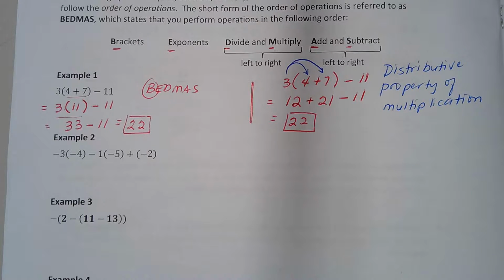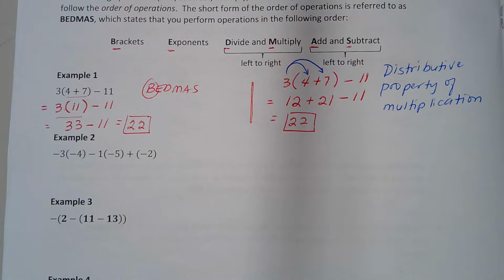You can go 3 times 4 or 3.4. And then there's another way to show multiplication: 3 brackets 4. Now, why did they get away from using the X as multiplication?